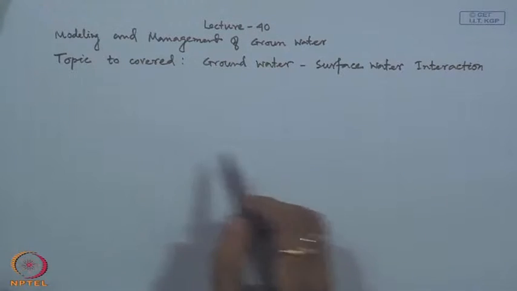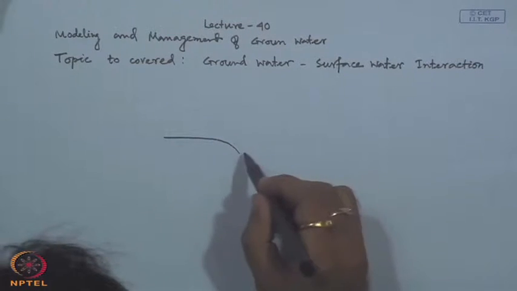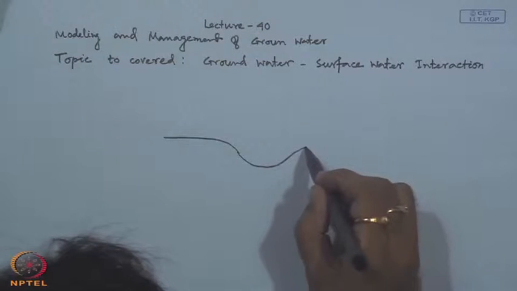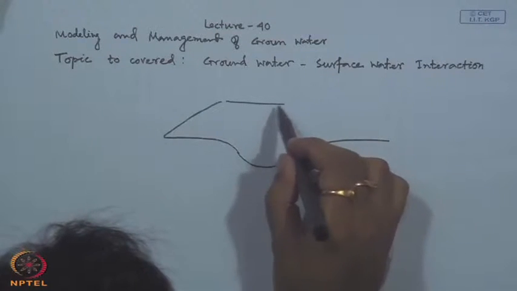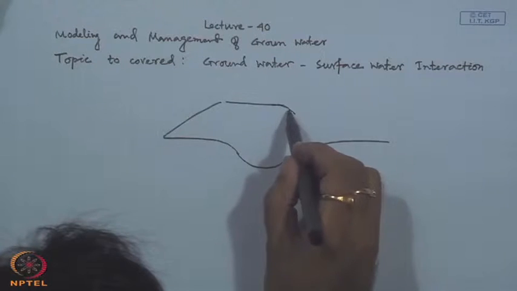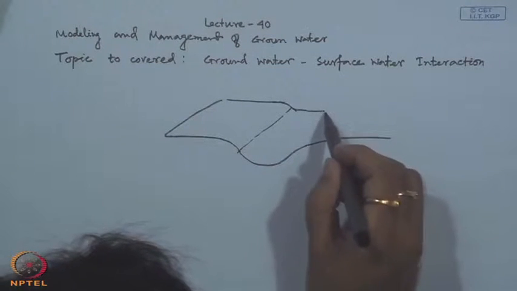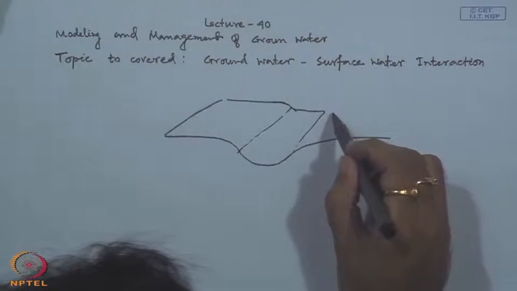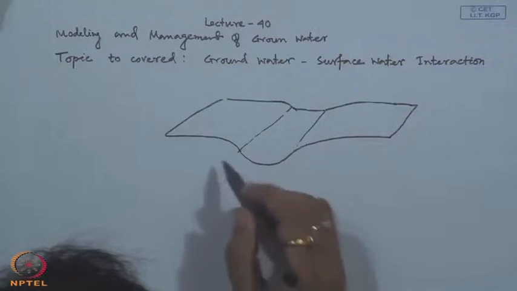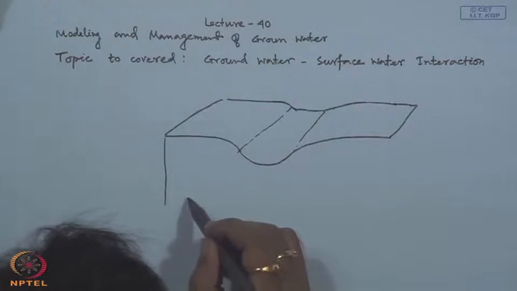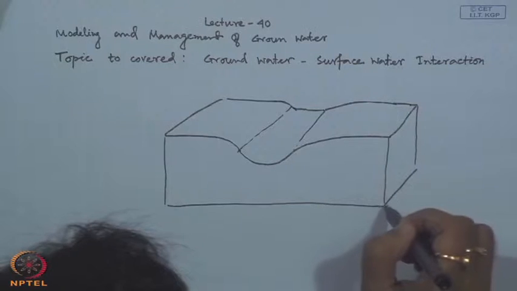So, let us consider one shallow aquifer, and we have ground surface, and then we have one stream there.